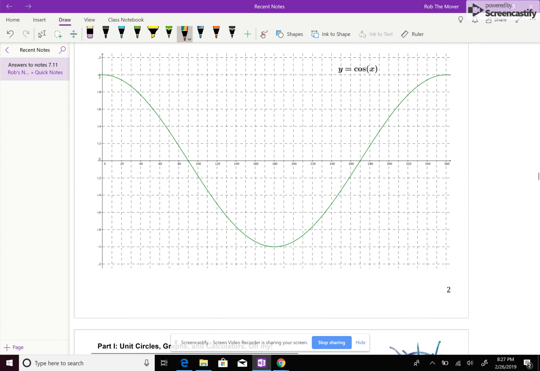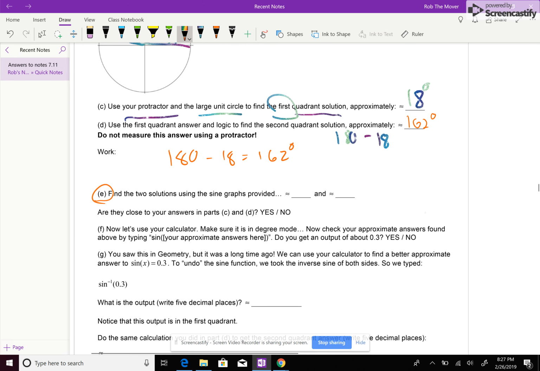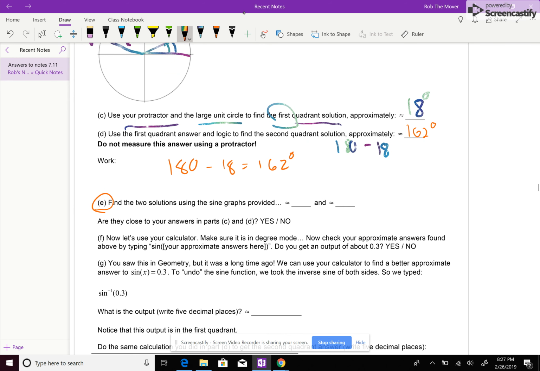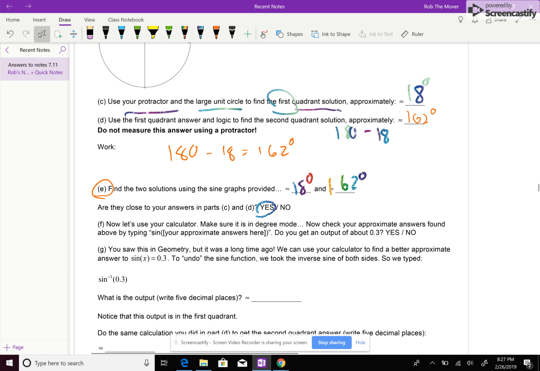So going back up here, again, using the sine graph, we're approximately 18 and 162. Now, it's not going to be perfect. We're approximating. They do look close to my answers from part A. I kind of knew what the answers were in the earlier parts, so we knew it was going to be approximately that, but you should be checking.